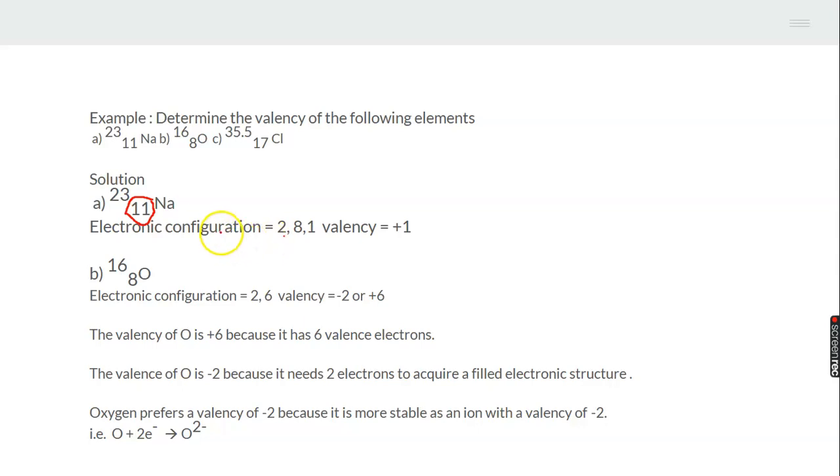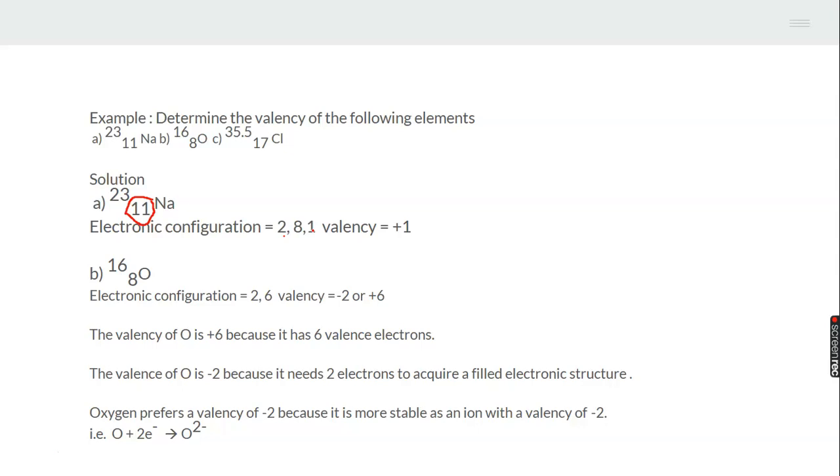So for sodium now, having atomic number of 11, it has 2 electrons in the K shell, 8 electrons in the L shell, and 1 electron in the M shell.